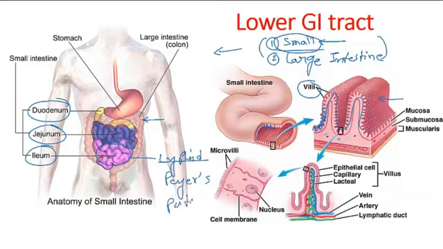Peyer's patches are filled with leukocytes, which means white blood cells, which are the immunogenic cells. They can help to fight against infection.